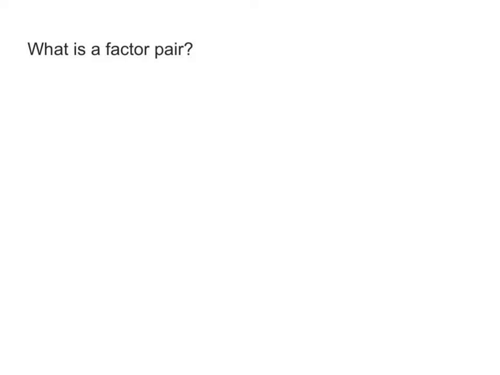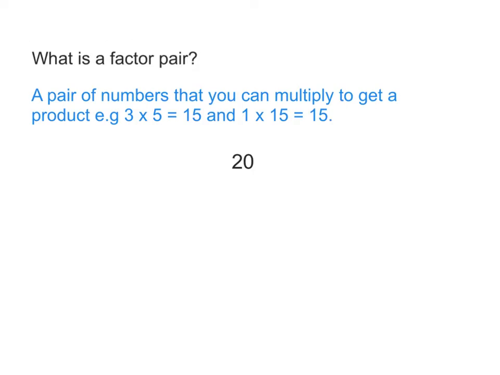Now we need to look at what is a factor pair. A factor pair is a pair of numbers that you can multiply to get a product. For example, 3 times 5 is 15 and 1 times 15 is 15. So in this, 3 and 5 are a factor pair, and 1 and 15 are a factor pair.